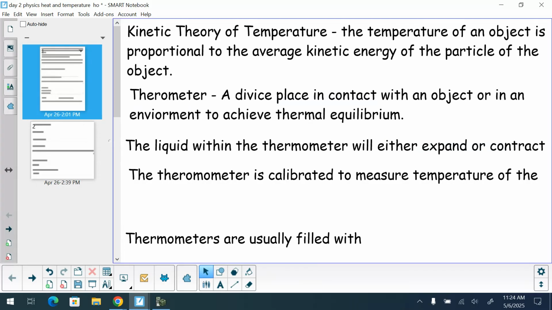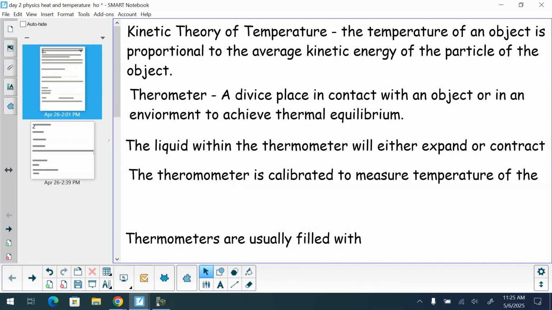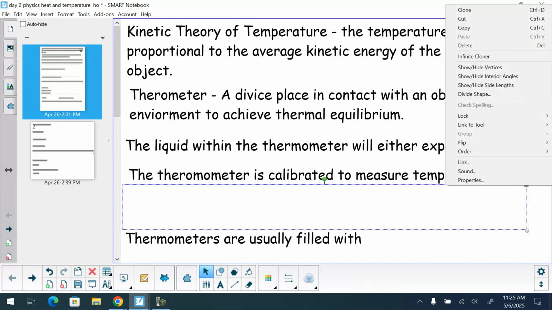When we talk about a thermometer, we put a thermometer in an environment and we achieve thermal equilibrium. Your thermometer outside your house will achieve thermal equilibrium with the environment outside your house. The liquid within the thermometer will either expand or contract. When you heat objects, they tend to expand.